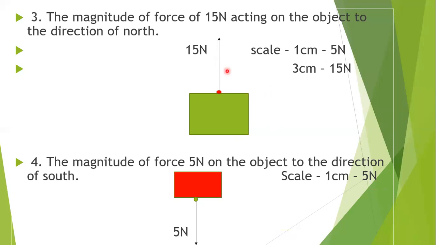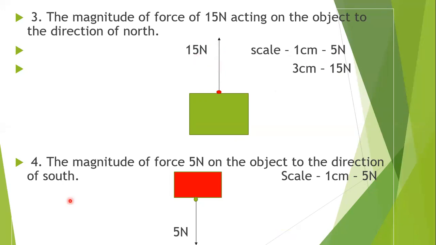So 2 centimeter represent 10 Newton. 3 centimeter represent 15 Newton. You should draw 3 centimeter line here. And arrowhead represent the direction. You have to write 15 Newton here.